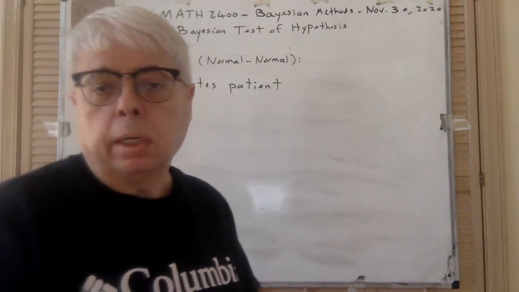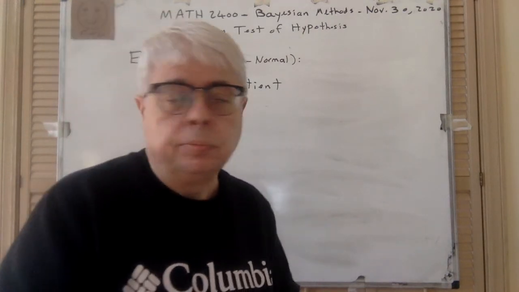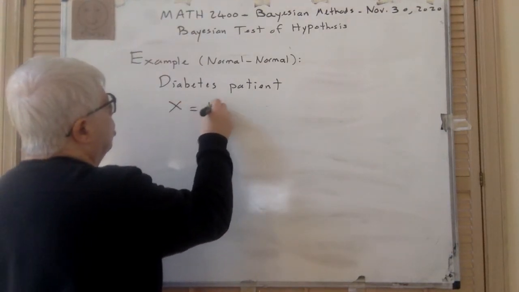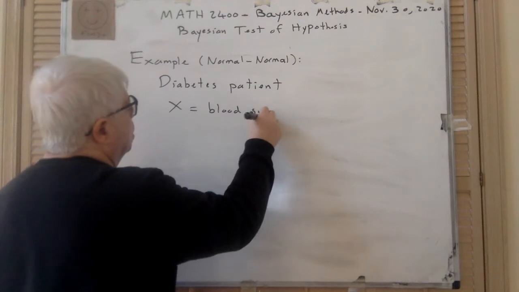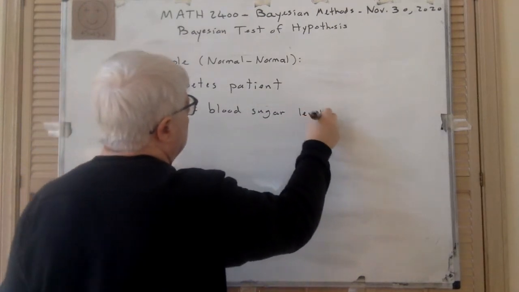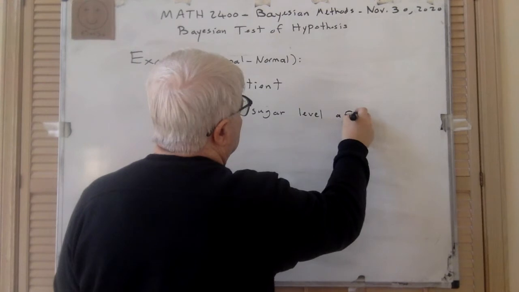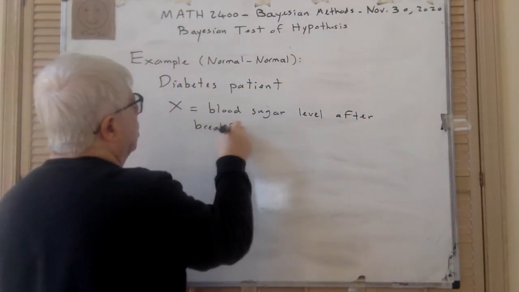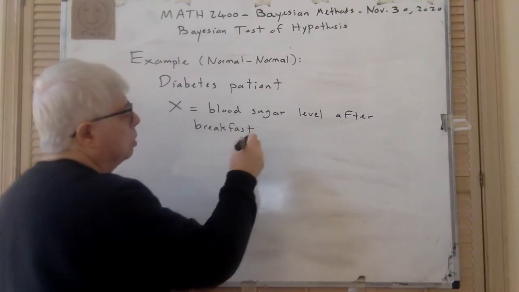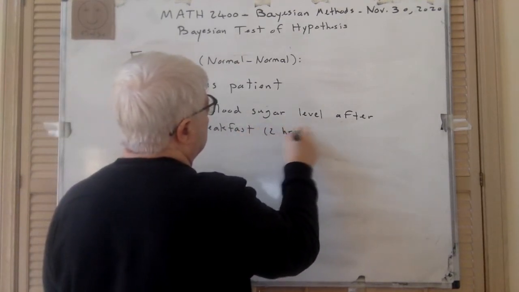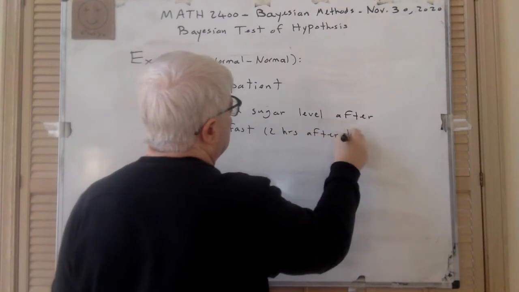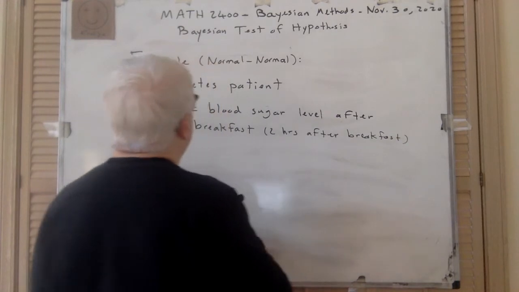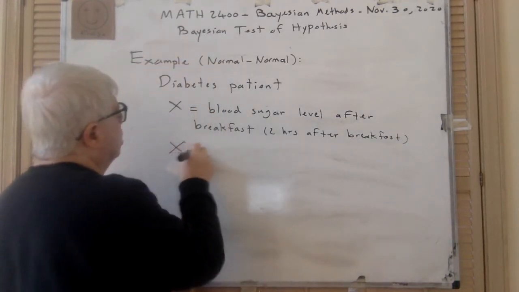Now, let's say that X is the blood sugar level after breakfast, back 2 hours. We say that X, let's say it is normal.